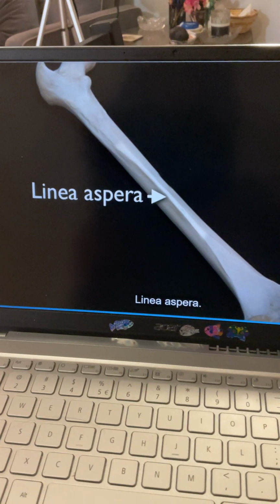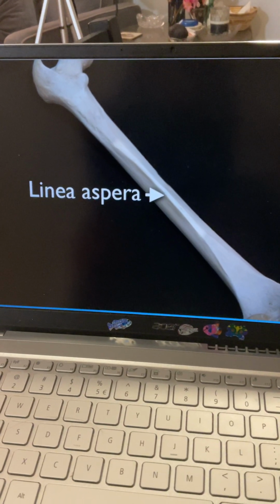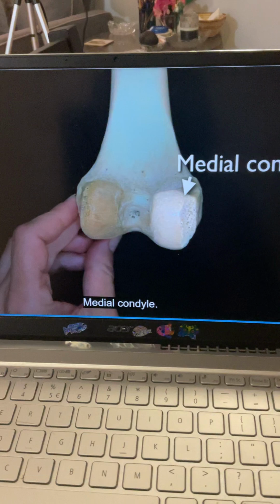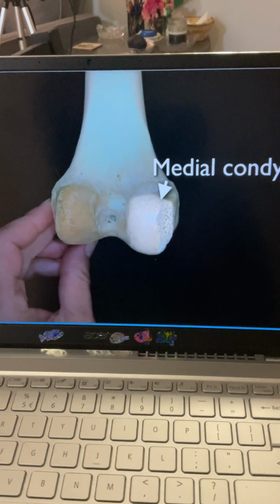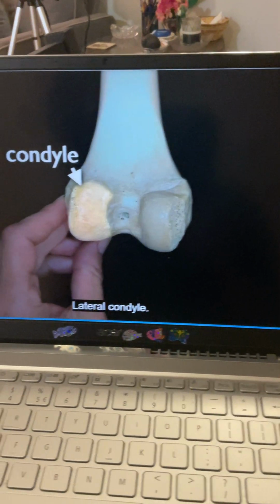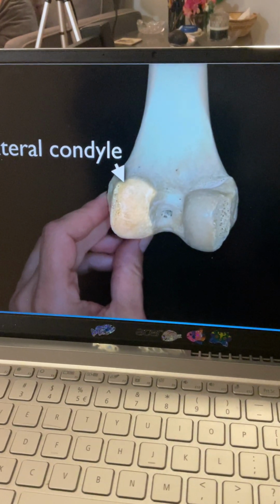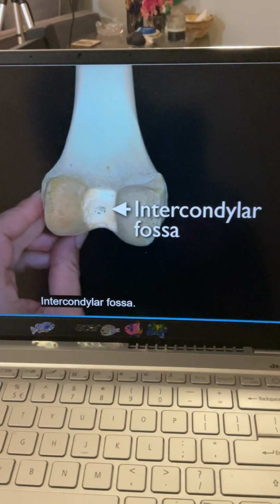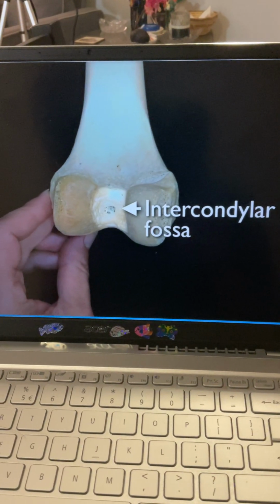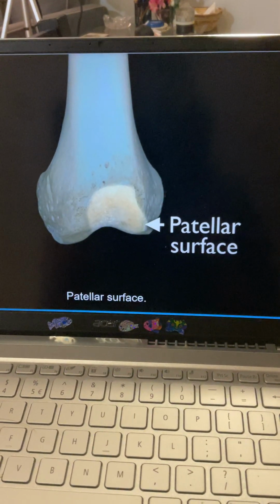Linea aspera. Medial condyle. Lateral condyle. Intercondylar fossa. Patellar surface.